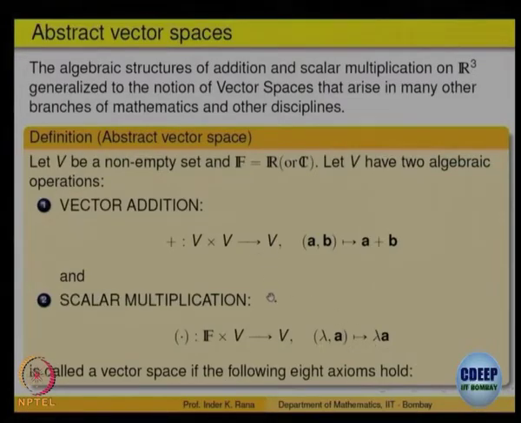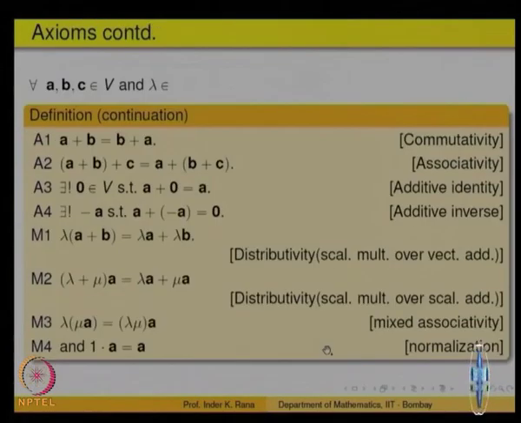One is addition, the other we call scalar multiplication, with the usual properties that the vectors in R3, R4, Rn have. Addition is commutative and associative. There exists a unique element 0 in V, a zero vector, such that A plus 0 is A, and that is the same as 0 plus A because of commutativity.